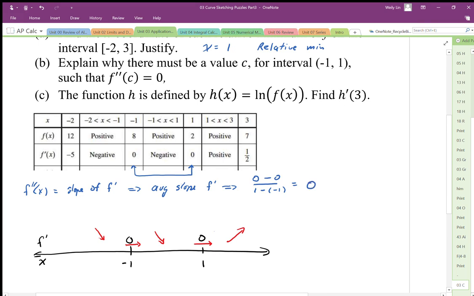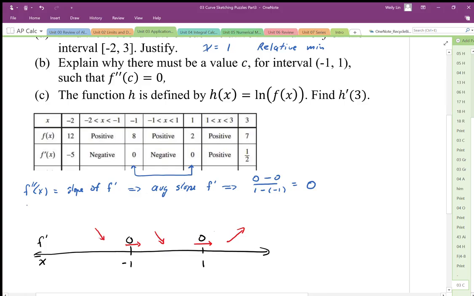Well, if the average slope of f prime is equal to 0, which relates to the f double prime, since f prime is smooth and continuous, we can apply the mean value theorem and say that the instantaneous slope, or f double prime at c, must exist where it's equal to 0.